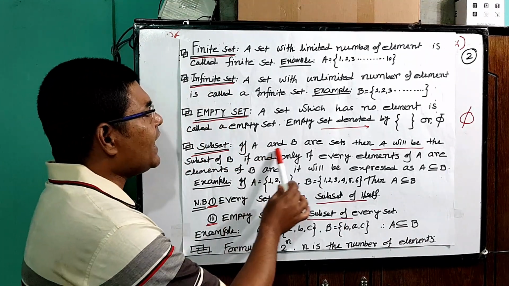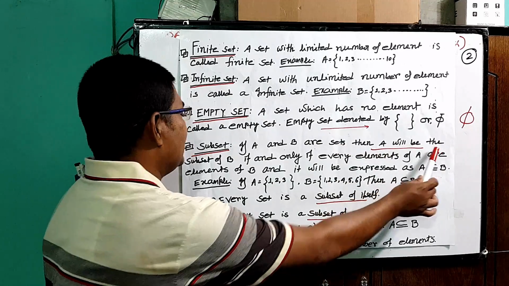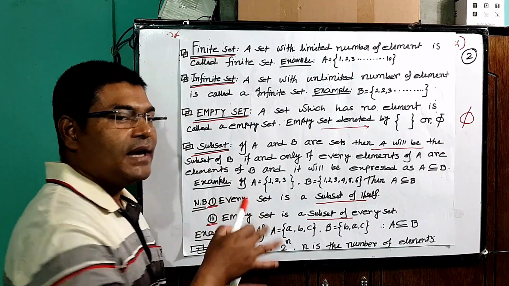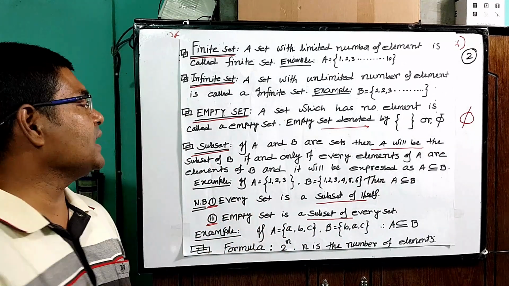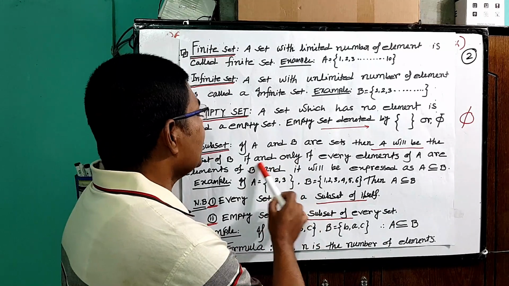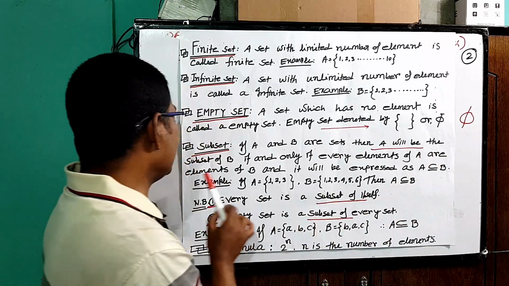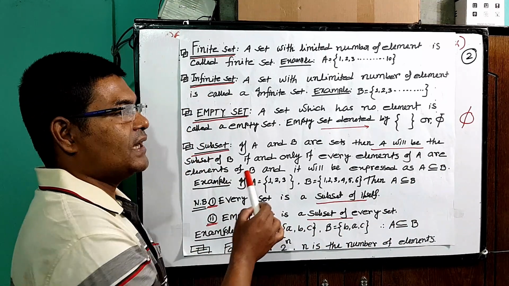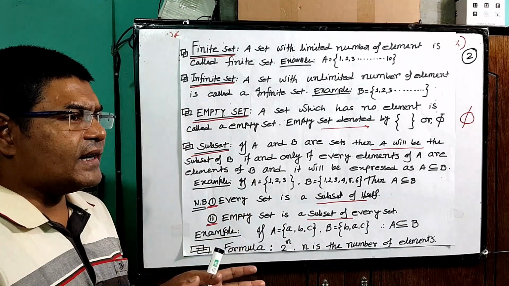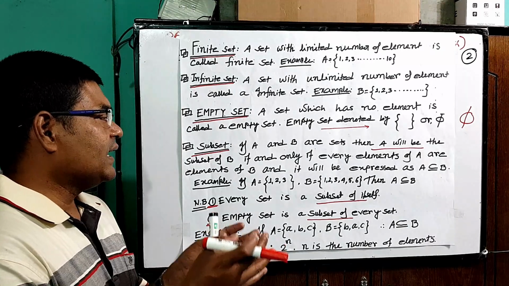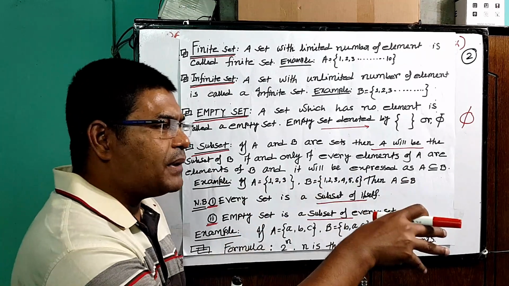So if A and B are sets, A will be the subset of B if and only if every element of A is an element of B, that means all elements will be included in B.